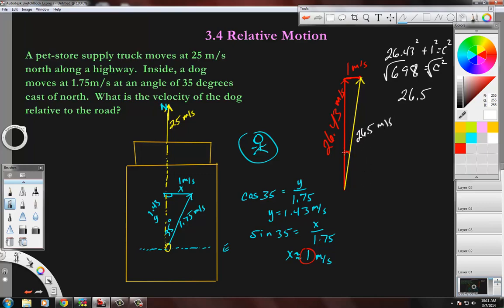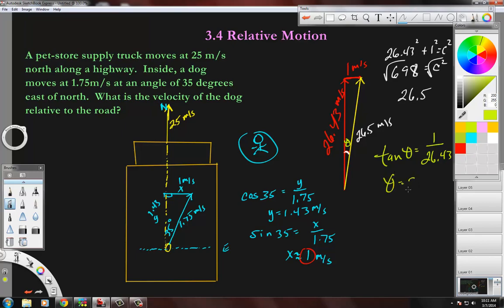And now to get this angle right here, we would need to do something like tangent of angle theta, if we call that angle theta right there, equals 1 over 26.43. Well, to do that, that's inverse tangent, and then 1 divided by 26.43, which is about 2.17.